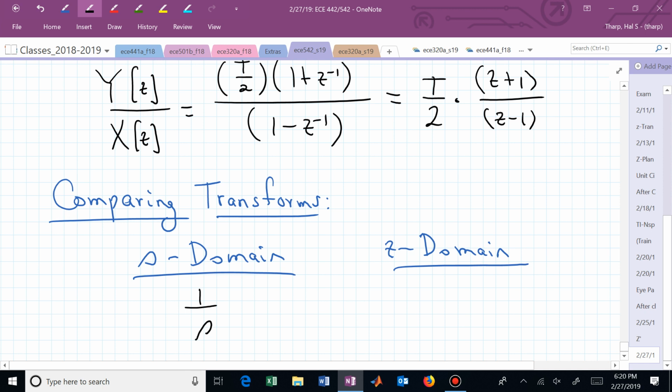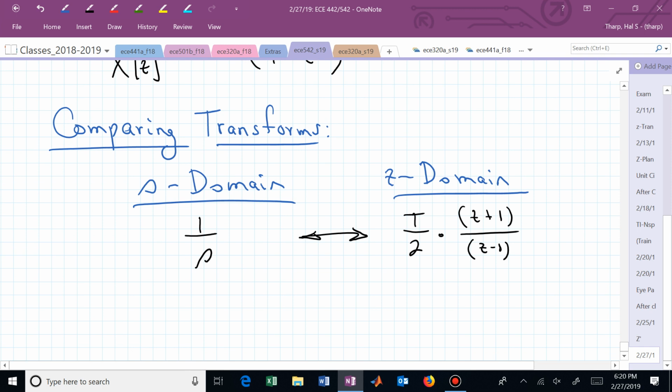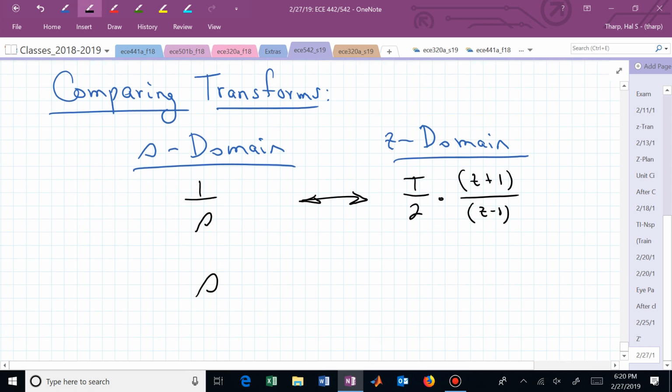Our S domain is 1 over S, and we're going to relate that to capital T over 2 times Z plus 1 over Z minus 1. Or in terms of an unreciprocated s, it's now s is 2 over T times z minus 1 over z plus 1.